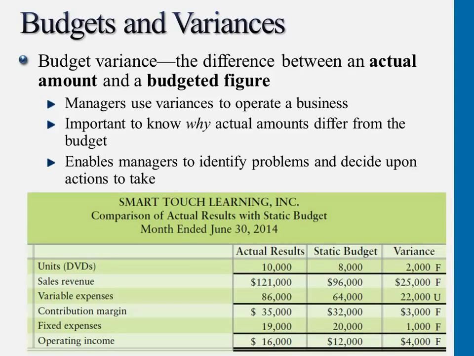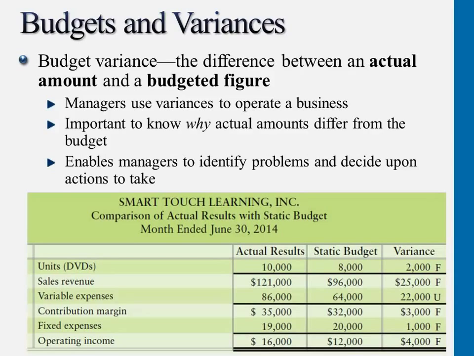Now, variable expenses: we budgeted $64,000, and the actual output is $86,000, which is not surprising because, remember, variable expenses increase along with sales. We have additional sales, and therefore we have additional variable expenses. So this part, the cost increase, we still list as unfavorable, but really a lot of it is because we have additional sales.